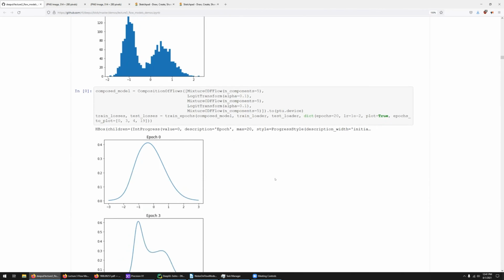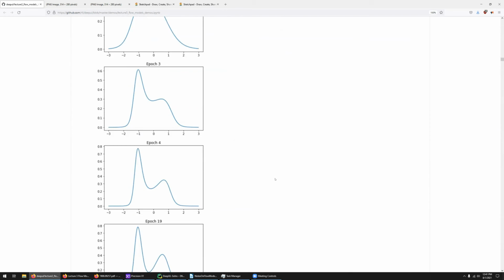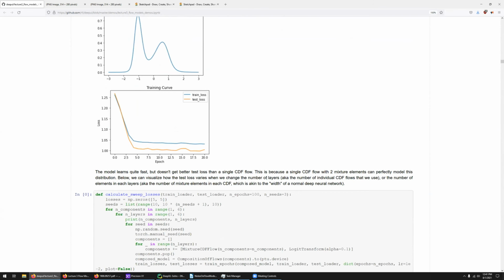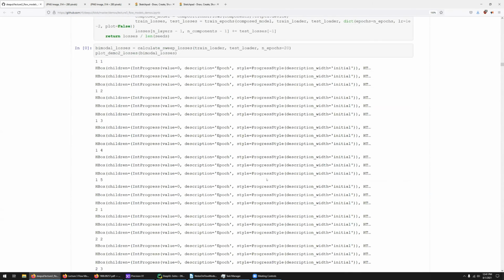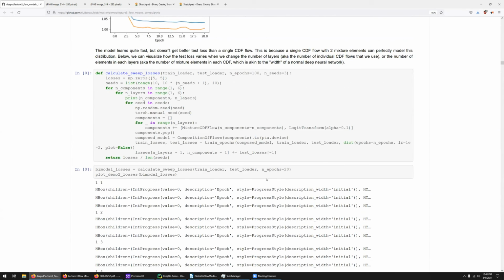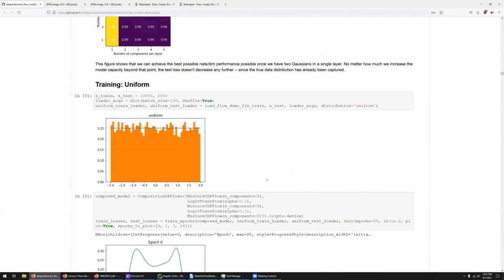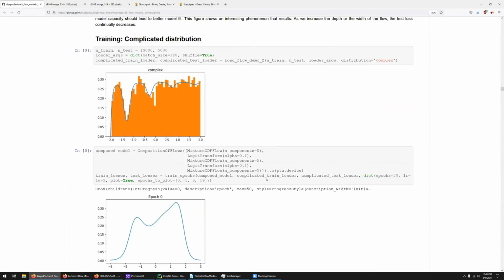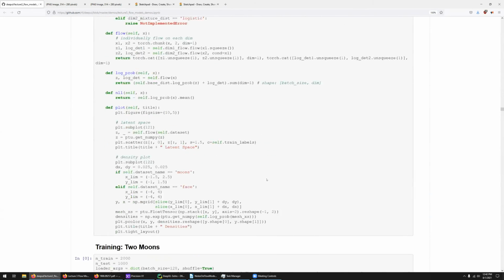So maybe that's where the neural network comes in, but it has the same structure. I think we looked at the sweeps and all of these, so there's not much going on here.